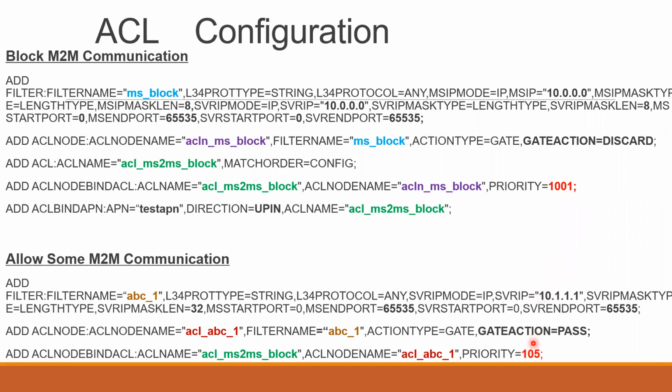This ACL has less priority and this one has more priority, so this has more preference. So any incoming packet is first going to check: if the destination is this one, then this ACL and this gate action is going to take effect. If it does not lie in this range, then it is going towards this one, and here it is going to see that it is to be discarded, and then it is going to be discarded. If this priority is higher than this, then this exception is not going to work.